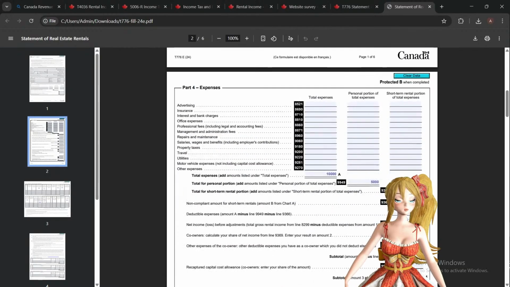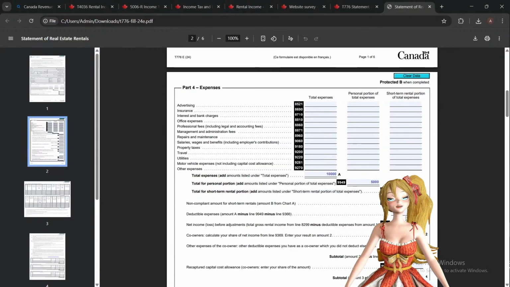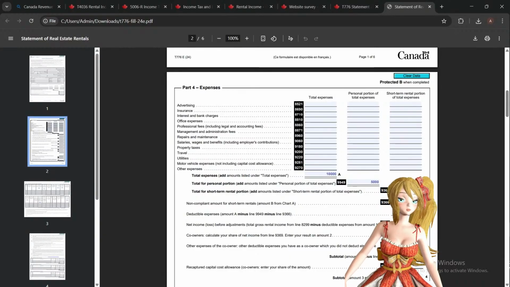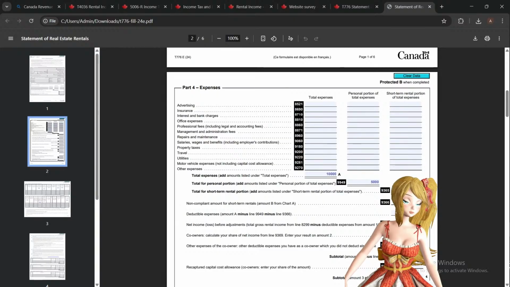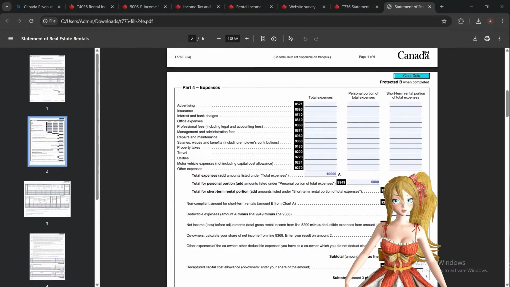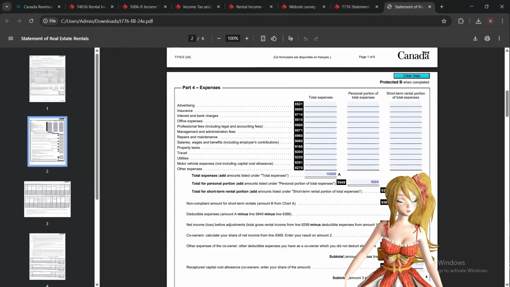Okay, that makes that. Okay, let's play around. Let's say that my renters did pay rent. Okay, so they paid all of the rent. So I changed the non-compliant amount to 0 because they paid the rent. So the deductible expenses go up to $5,000 because they did pay their rent.